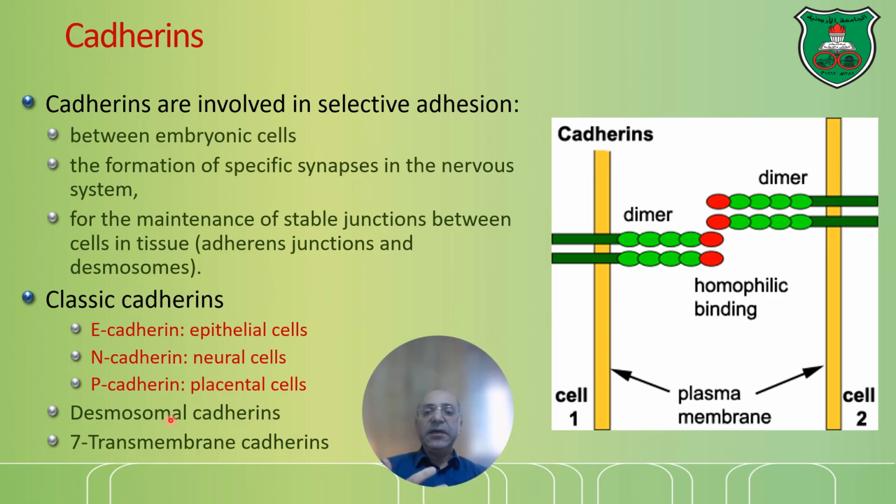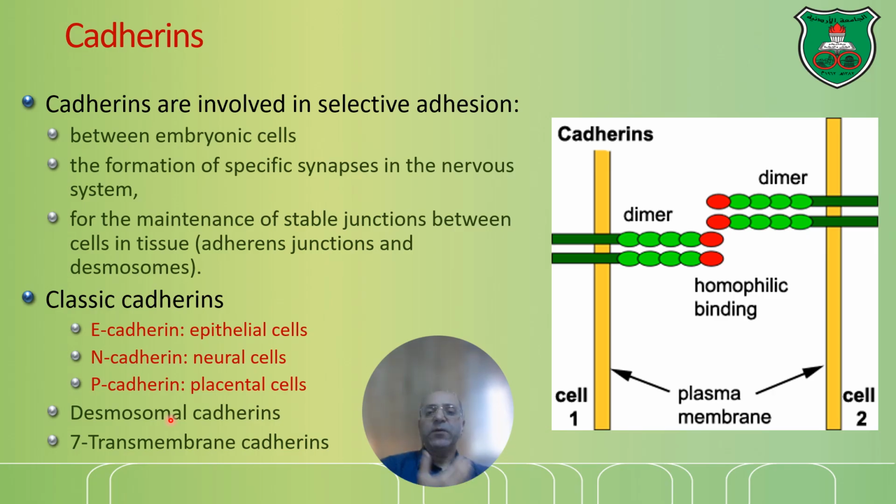So E-cadherins prevent cells from moving. E-cadherins, when they interact with each other, they stabilize cells to remain in their places. Okay, they do not move anymore. Once they lose this interaction, then they become mesenchymal and they can move.